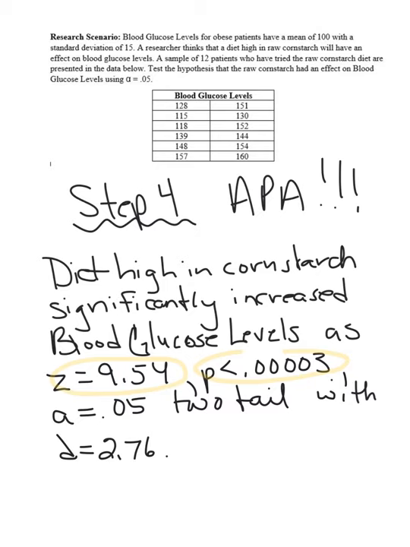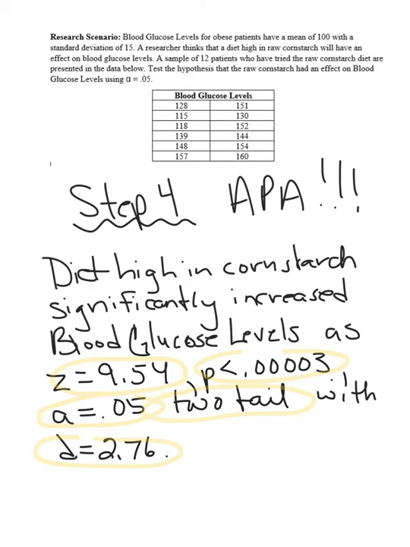They go together. And then you want to report your alpha level after your p-value, because that's what you're comparing, alpha and p, and you're going to report whether it's one tail or two tail, and then follow up with your effect size. Whether or not things are significant, you report an effect size.